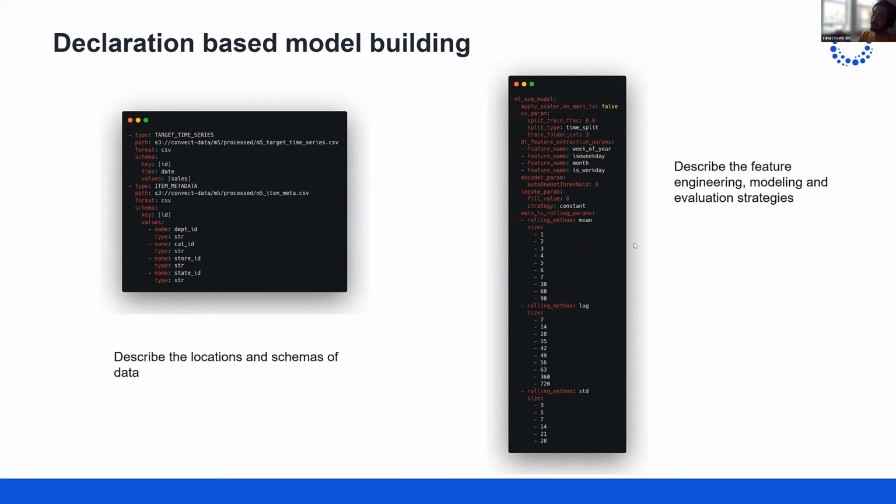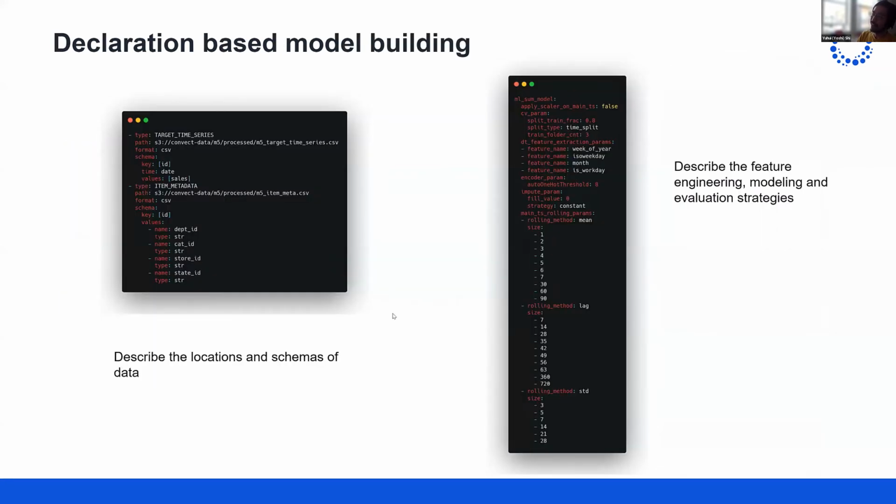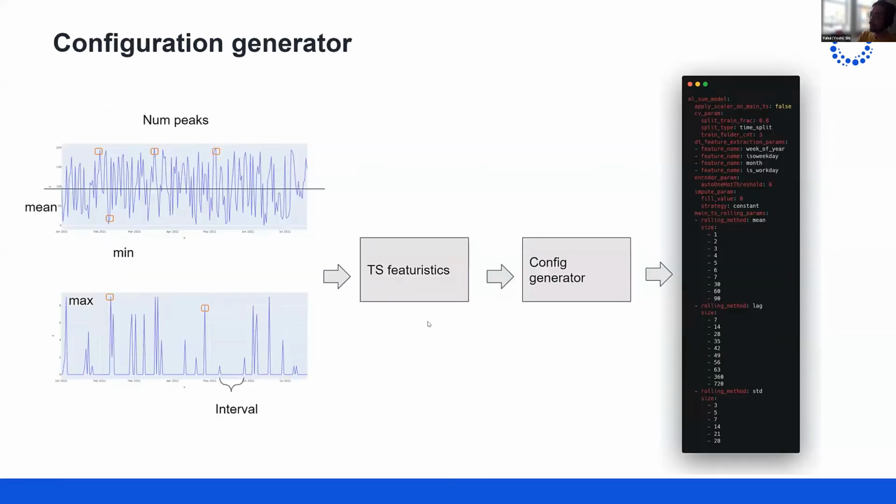This also comes as a YAML file, and people declare it to the framework. So once we get those two configurations, we have the entire building process described in those two files, and we are ready to roll out the model building process.